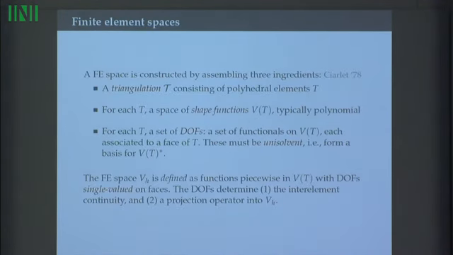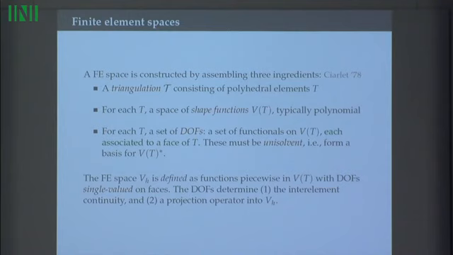Okay, how do finite elements work? Well, going back to Ciarlet, you take your triangulation, which for us will be simplices. For each triangle in the triangulation, you take a space of functions, which will typically be polynomials. These might be vector-valued functions or something else, depending on what you're trying to do.